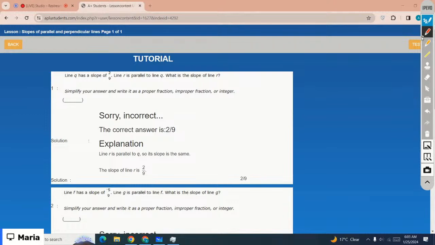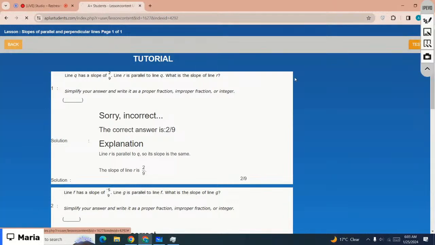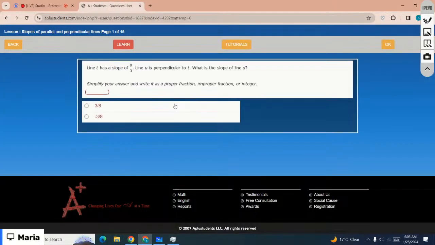Okay, the next one, let's just start with the practice questions. Line T has a slope of 8 over 3. Line U is perpendicular to T. What is the slope of line U? So line T and line U are perpendicular, right?